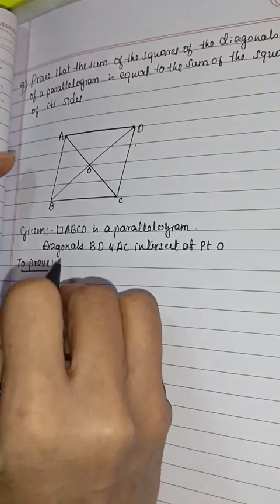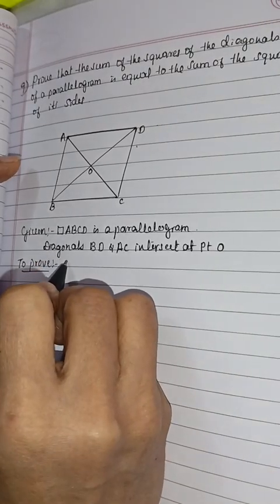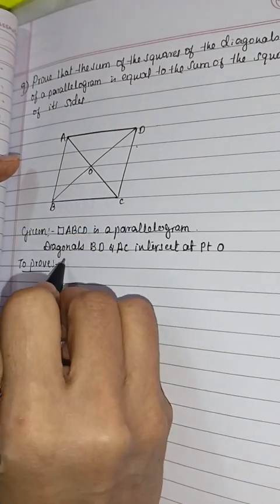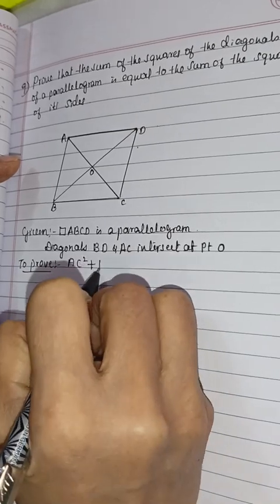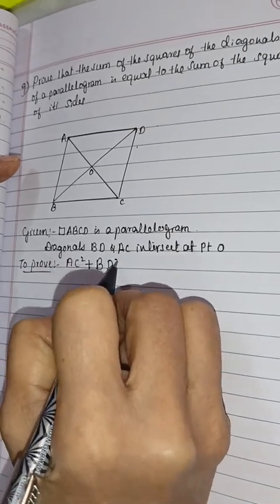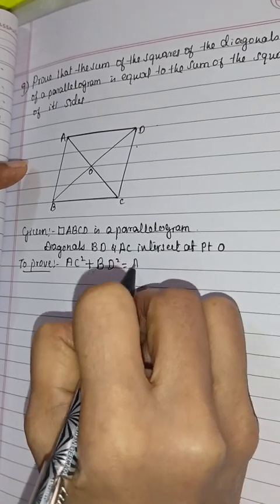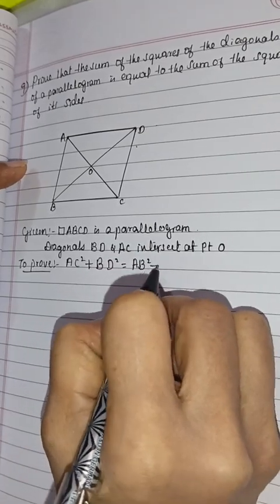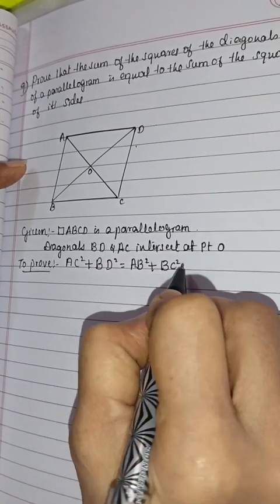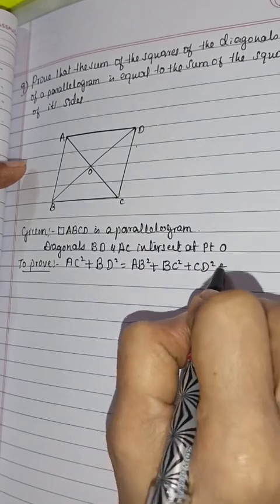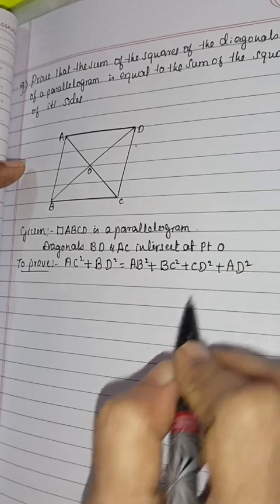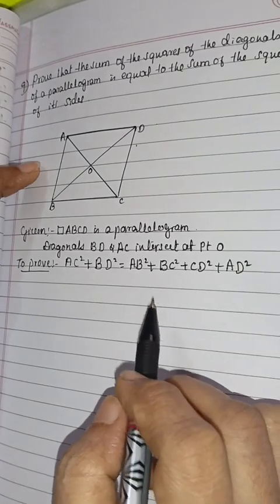To prove: the sum of the squares of the diagonals, that is AC square plus BD square, equals AB square plus BC square plus CD square plus AD square.